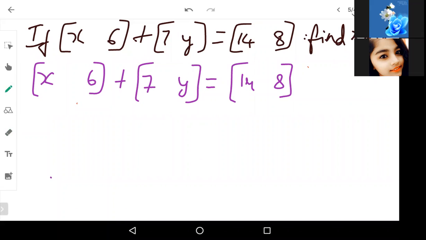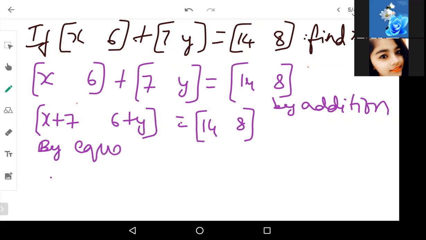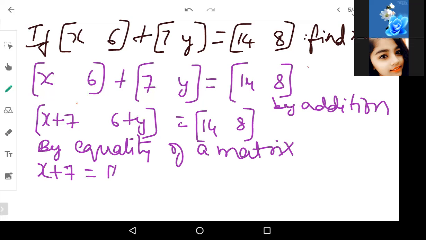Now add them. X plus 7, 6 plus y is equal to 14 and 8. This was by addition. Now, by equality of a matrix, x plus 7 is equal to 14, 6 plus y is equal to 8.